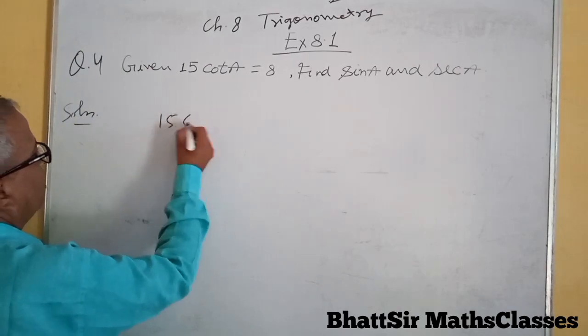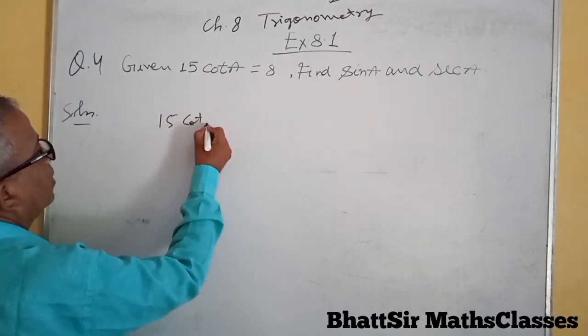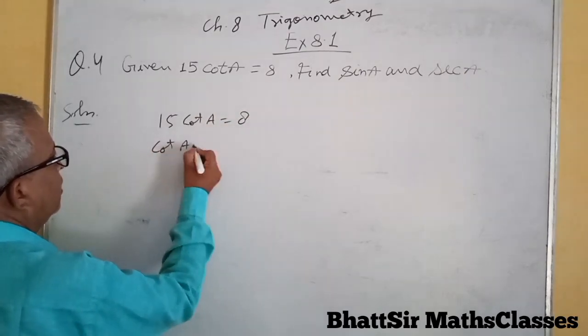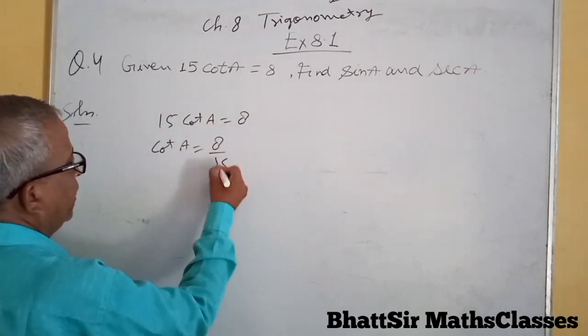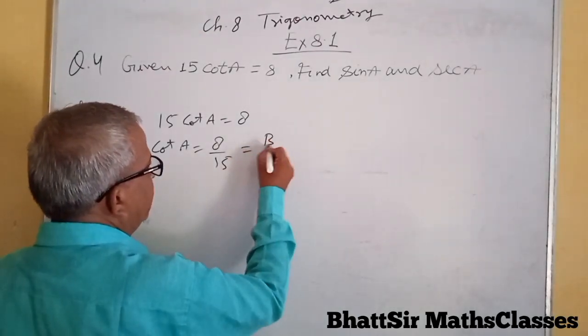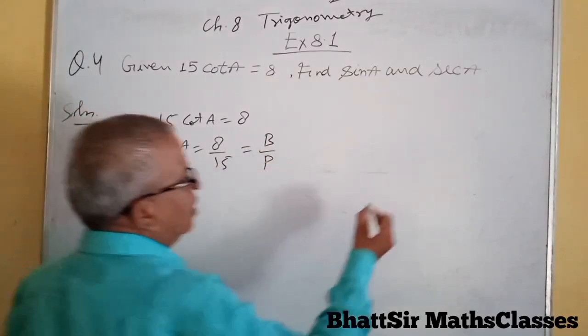Given 15 cot A equals 8, so cot A is 8 upon 15. But you know that cot is base over perpendicular.